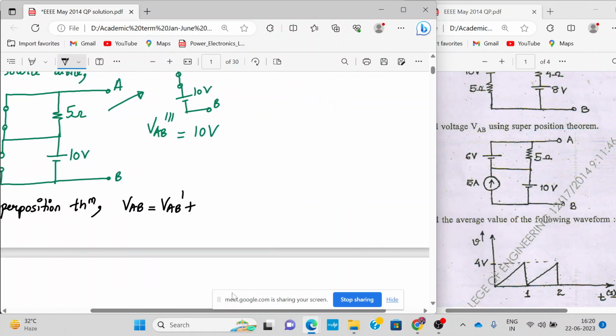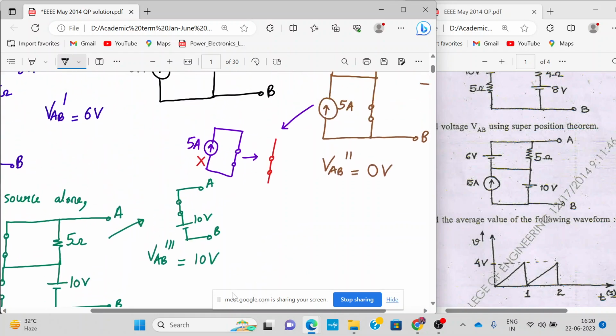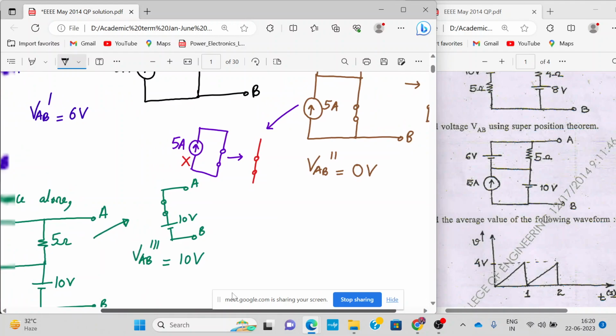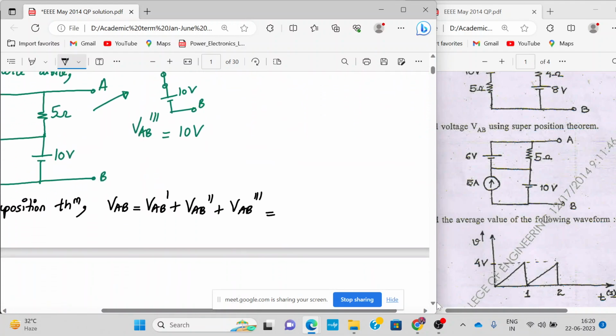It's VAB dash plus VAB double dash plus VAB triple dash. What is VAB dash? 6 volt. VAB double dash is 0 volt and VAB triple dash is 10 volt. So 6 plus 0 plus 10, that is 16, and that is the answer.